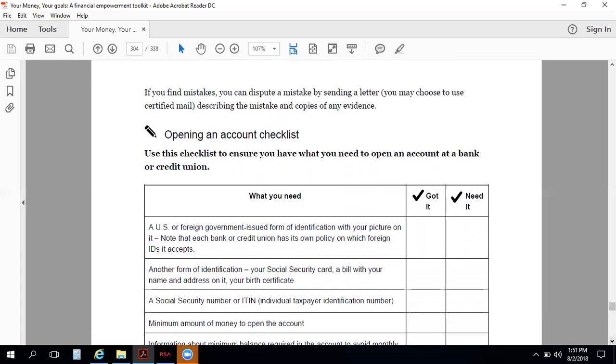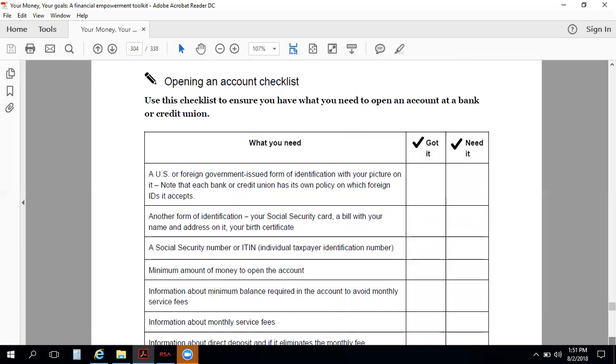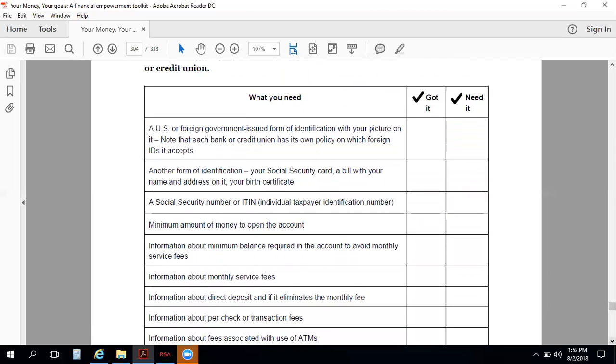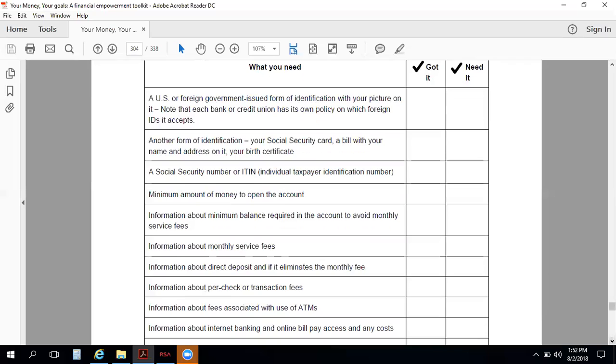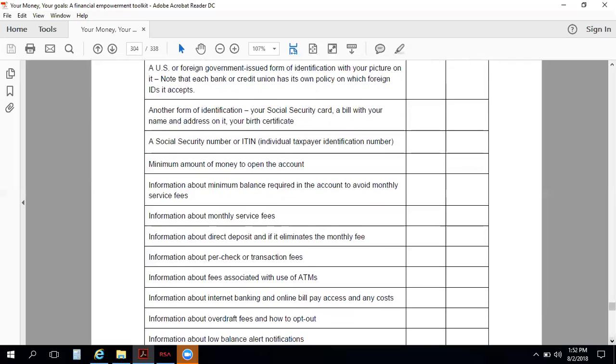So this tool is just kind of a checklist of what a client would need when they go to open an account. They can check got it or need it, like ID, social security number, the amount of money needed to open the account. Do they understand the information about the monthly service fees, any transaction fees or ATM costs?